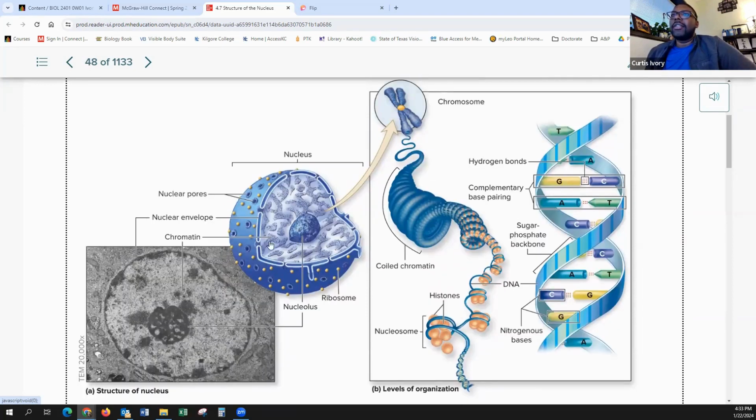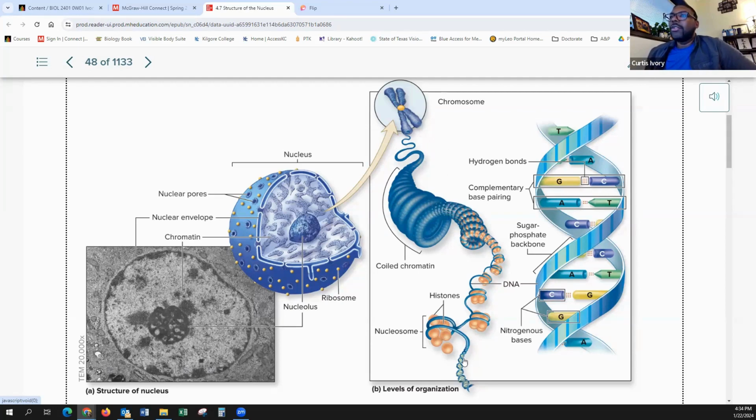On the inside of the nucleus, we have chromatin, which is just threads. Think about a whole spool of thread just unraveled inside of here. That is what our DNA looks like. But if you take that thread and start wrapping it up really tightly, it starts to make what's called a chromosome, which we know as this little X structure here.